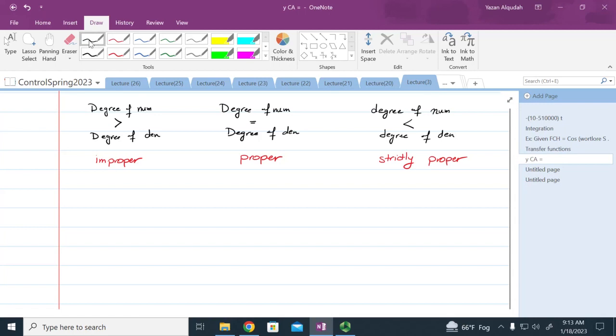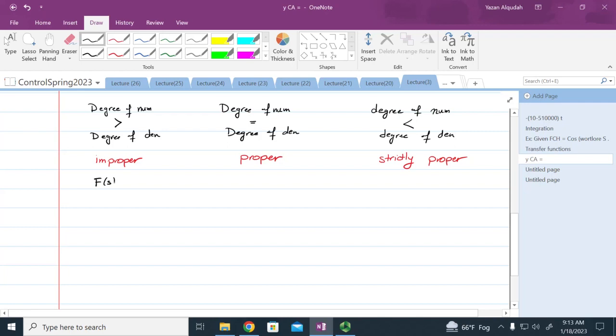What is an example of a system where the degree of the numerator is greater than the degree of the denominator? What is the simplest example? There's no over x. It's a transfer function. Numerator and denominator have to be functions of s. s squared over s, which is equal to what? s.